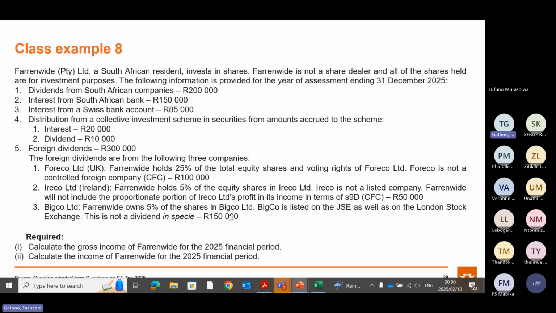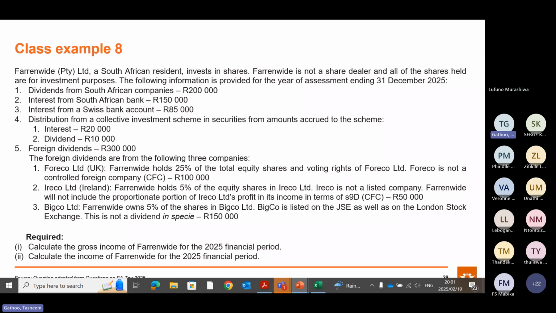So if we look here, this question is actually now dealing with a lot of sections. We're looking at South African dividends and foreign dividends. Both South African and foreign dividends are included in your gross income, but then they are exempt from gross income in terms of different sections. So your local dividend income is exempt under Section 10(1)(k), but foreign dividends are exempt under Section 10B.